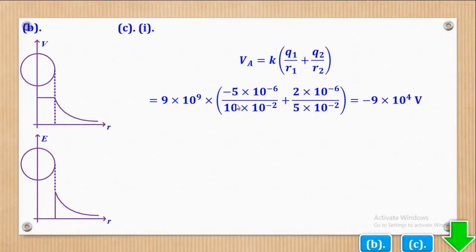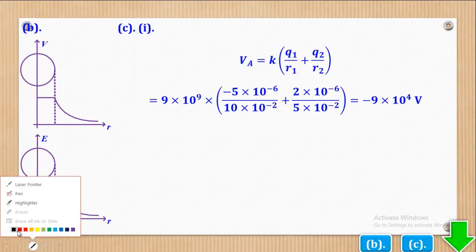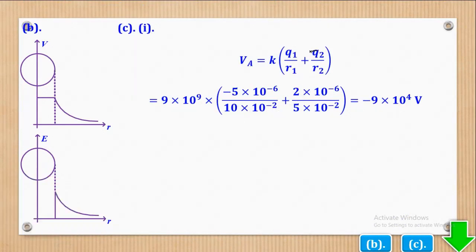That is why here there is 10 exponent negative 2, and for Q2 it was 2 microcoulombs, so you change it to coulomb. Then the distance was 5 centimeters, so you change it to meters. Now when I use the calculator, I come up with negative 9 exponent 4 as my electric potential in volts.